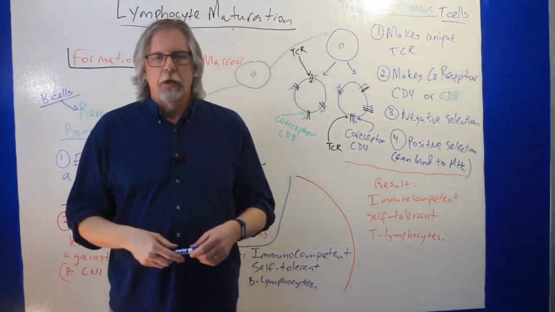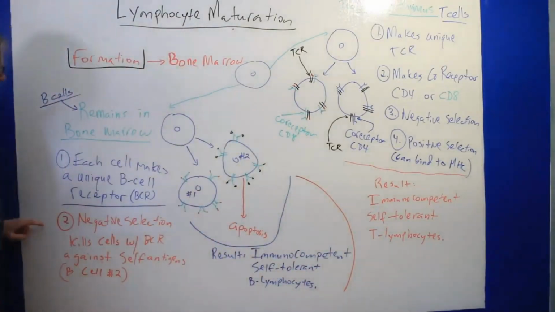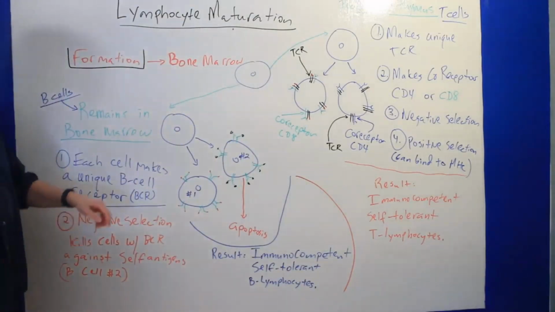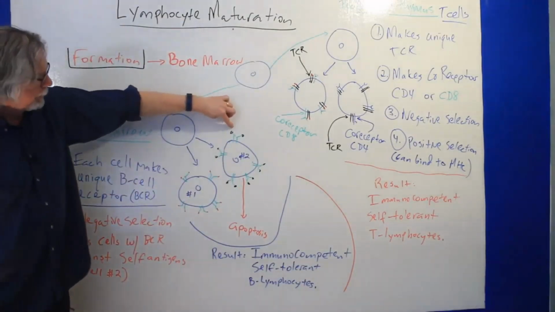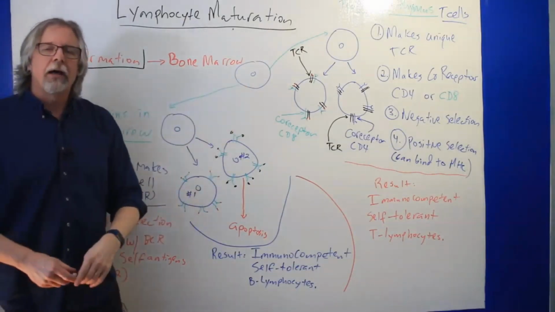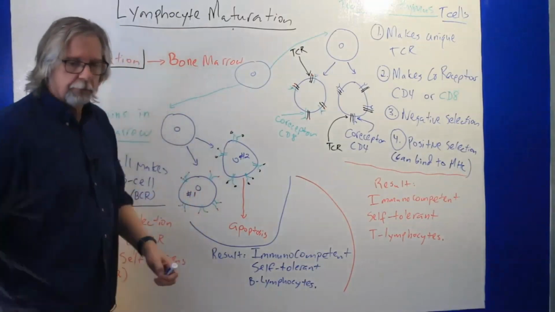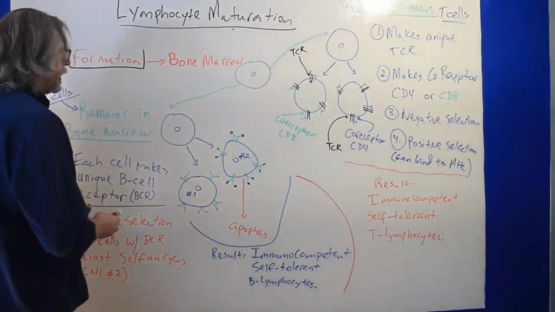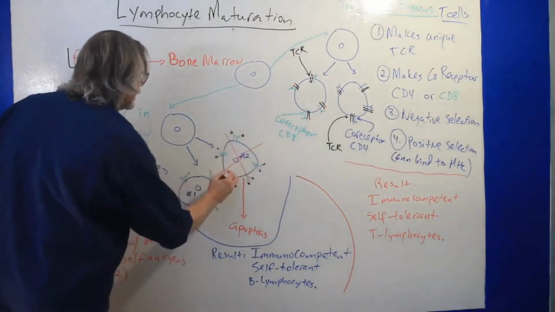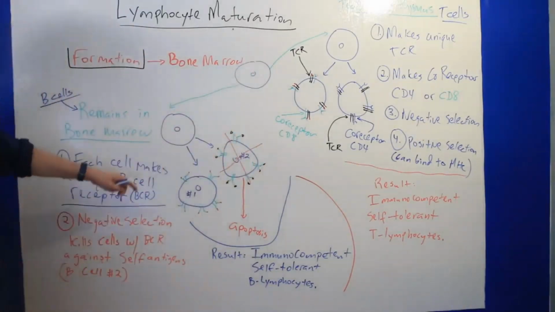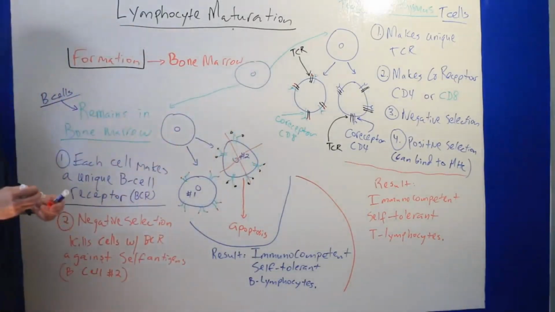No, we do not. So this step, negative selection, is going to remove those B cells that make a B cell receptor that would recognize our normal self-antigens. They're going to be killed by apoptosis. They're going to be subtracted. They're going to die. And what we have left then are an army of different B cells.